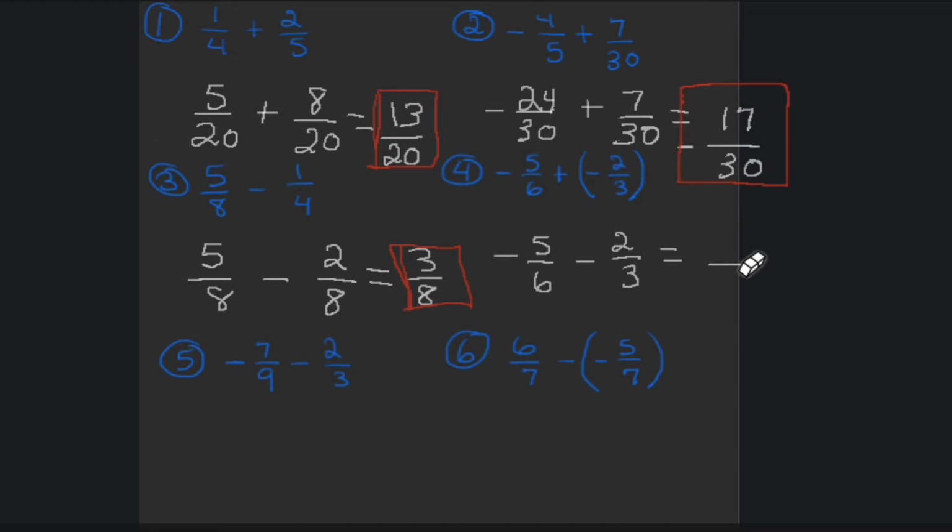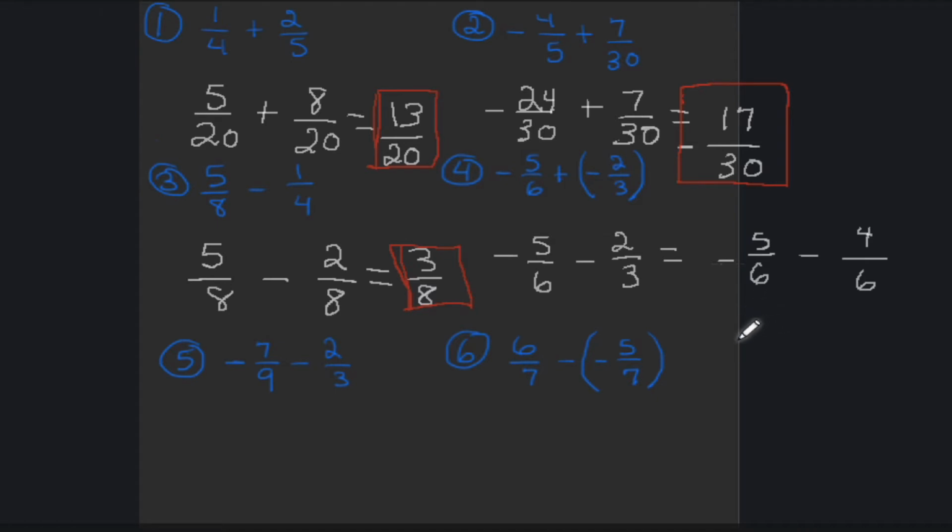Let me move this over just a little bit more so we can get the negative sign there. So we have negative 5/6 minus, and then we have 3 times 2, which is 6, and then 2 times 2 is 4. Okay, so now we can add the negative fractions.